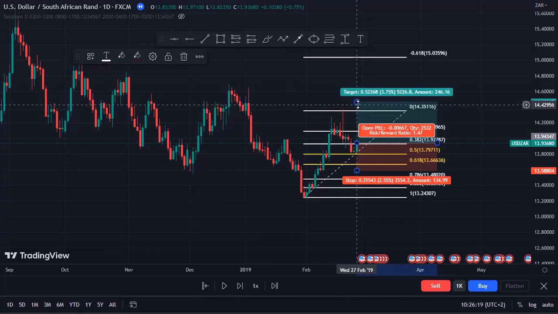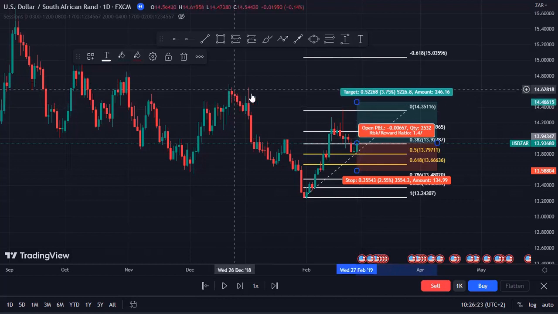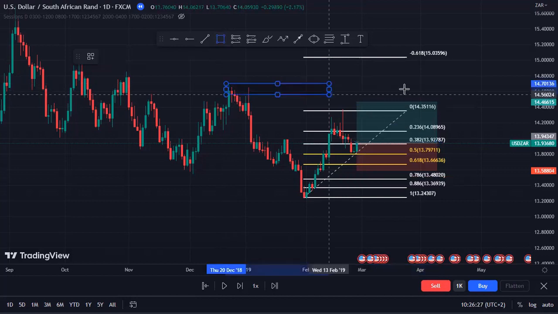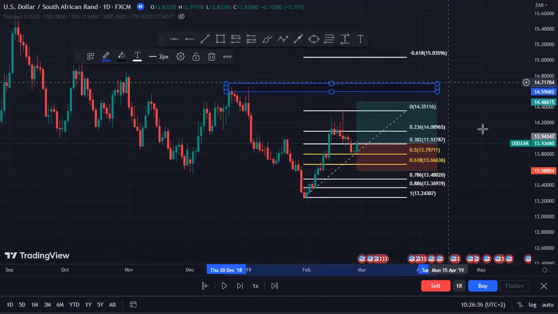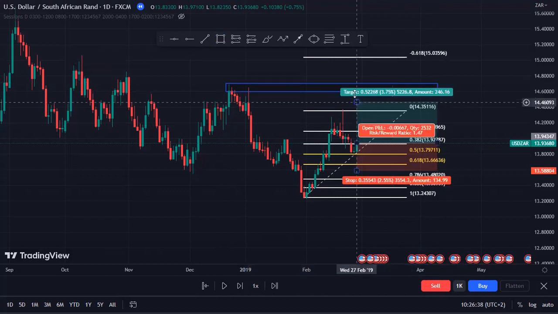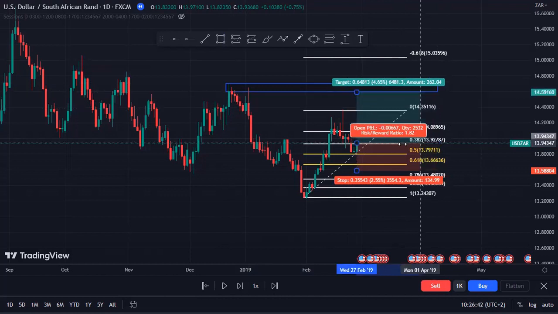So as you can see here, this is our previous high from our left side. Let me just do this. Okay, there we go. So now we have a zone we can use for our take profit right there.